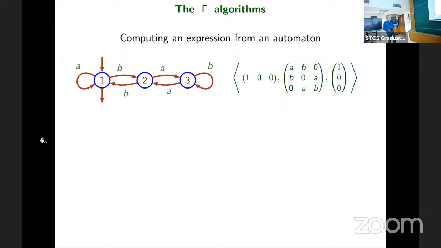I just use this to show, okay, this is an automaton, to be sure that we agree on this. So it's a directed labeled graph with two distinguished subsets of states, the vertices are called states. I denote the initial states by an arrow coming in, and the final states by an arrow going out.